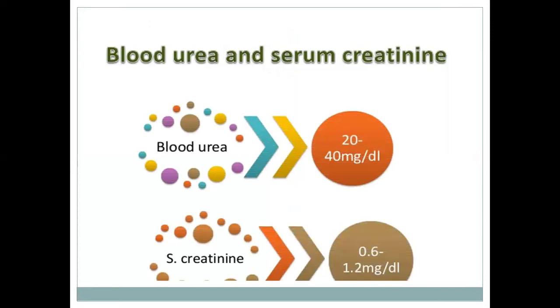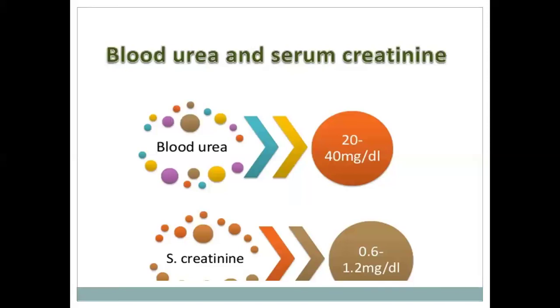Then blood urea and serum creatinine. The normal blood urea level is between 20 to 40 milligrams per deciliter, and serum creatinine level is between 0.6 to 1.2 milligrams per deciliter.